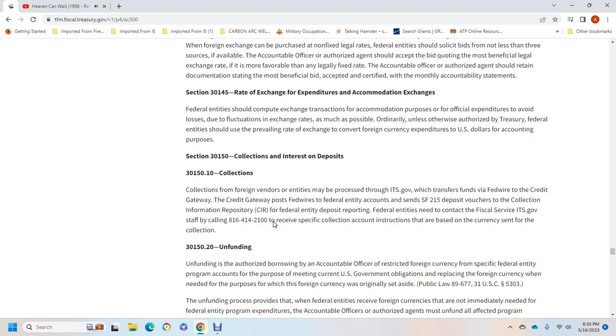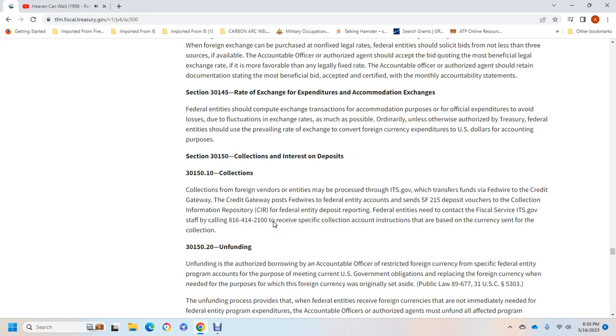Collection from foreign vendors for the proceeds of the process of international trading: International Treasury Service will transfer the funds via the firewall, credit card, credit gateway, with the credit gateway the post with the federal wires, federally and the account, send the Standard Form 215, the department deposit, for the collection of information repository.